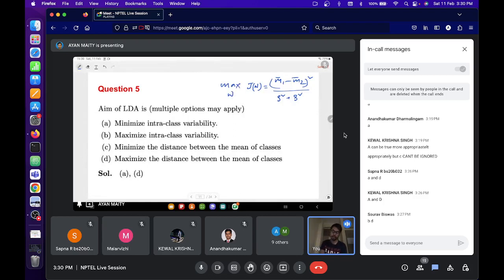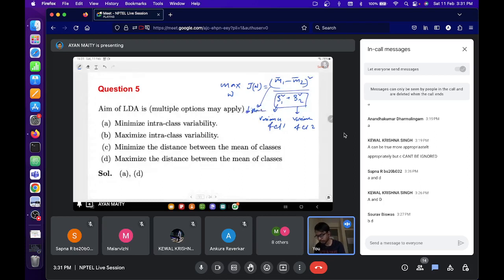We want to maximize this numerator, and these two terms in the denominator are the variances. This is the variance of class 1 and this is the variance of class 2. I am showing it only for two classes. This is the total of all the intra-class variances, and the numerator is the distance between the means.